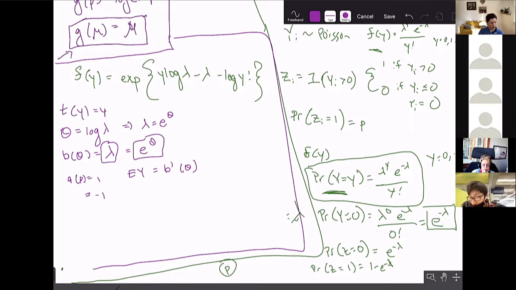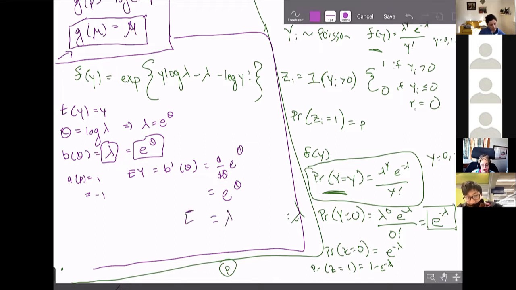A good way to check your work is to look at what expectation and variance you get and put it back in terms of the original parameter. So here, if we take the first derivative of b of theta, which is the derivative with respect to theta of e to the theta, you get e to the theta again, because the derivative of e to the theta is just itself. Putting that back in terms of lambda, you get lambda.